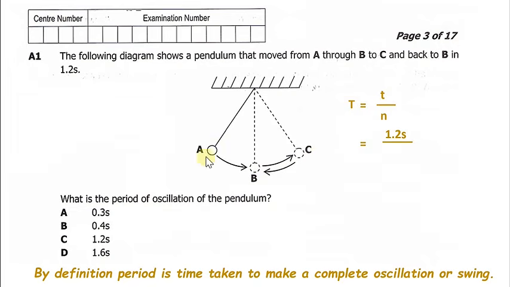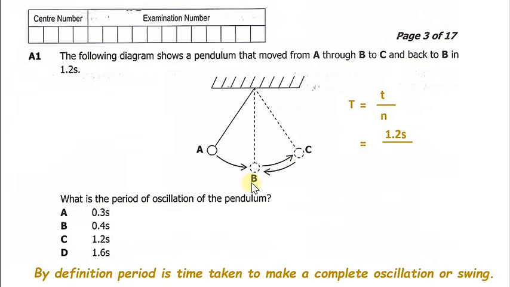Now it had to move from A to B. This is considered a quarter oscillation, and then from B to C, another quarter oscillation. So from A to C, that would be half an oscillation. Then it had to come back to B, so from C to B, a quarter oscillation.